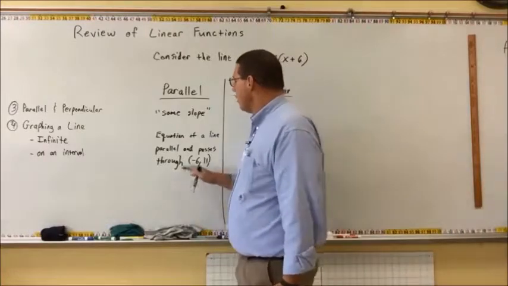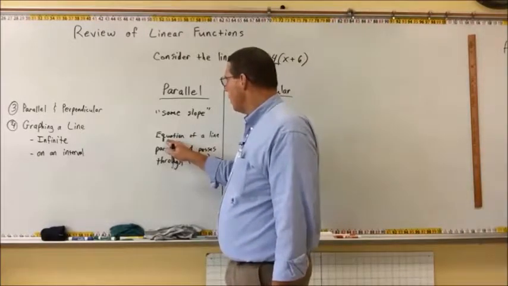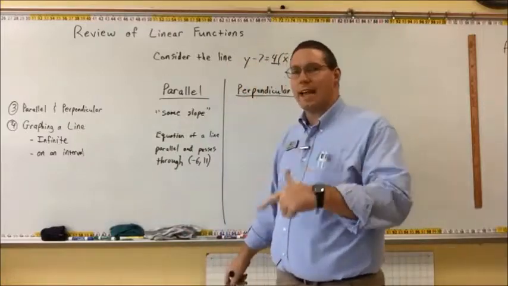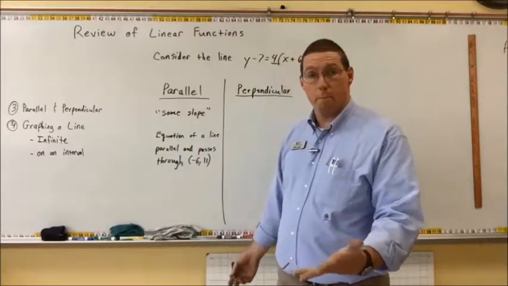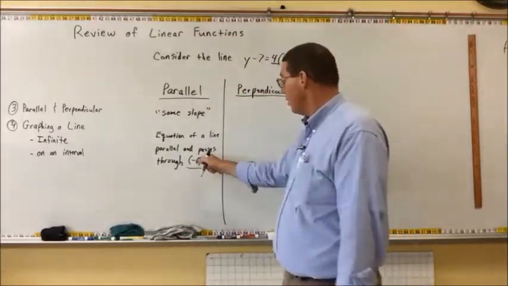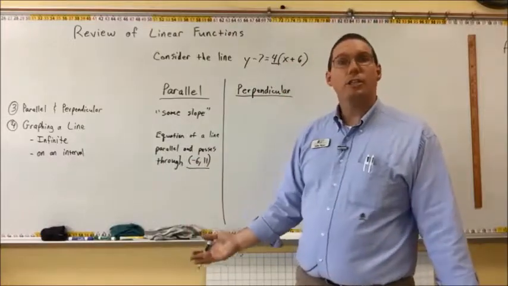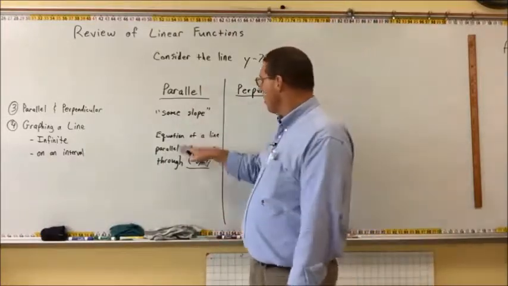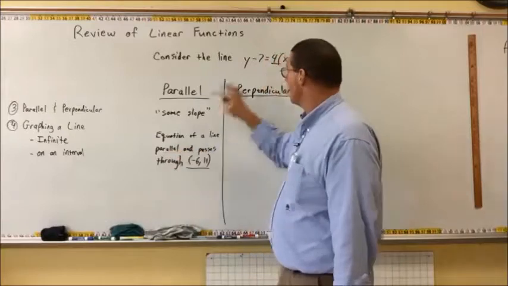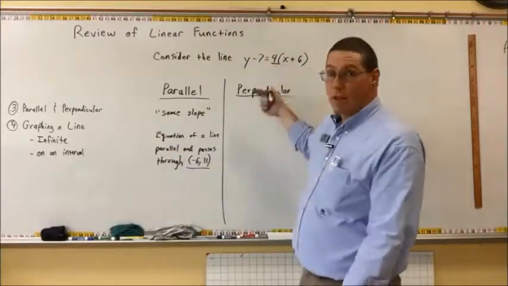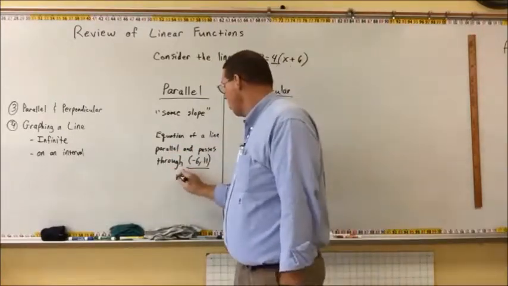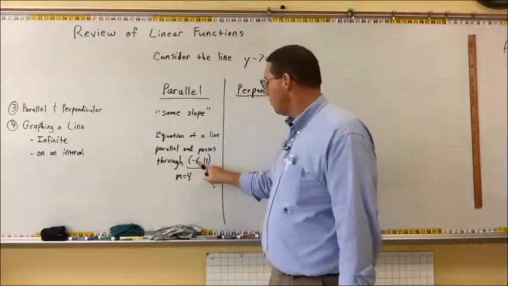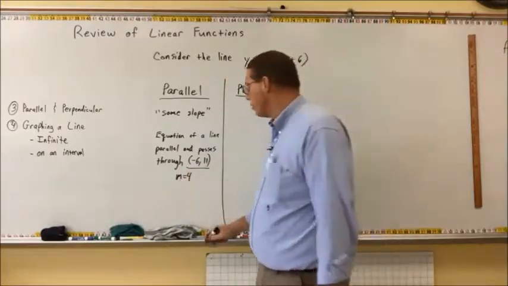Well, in order to write the equation of a line, I would like to have a point and a slope. So I can write it in point-slope form. Well, here's the point, negative 6 and 11. I just need the slope. Well, if this line is parallel to this line, it has the same slope, which means a slope of 4. With a point and a slope, I can write the equation of the line.